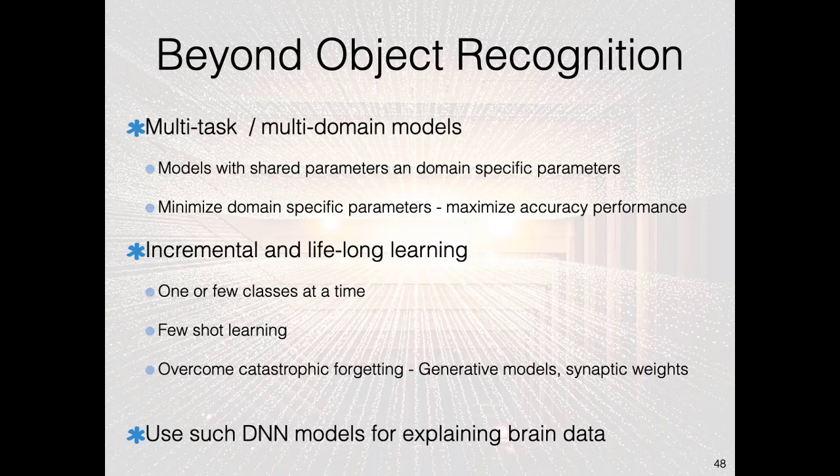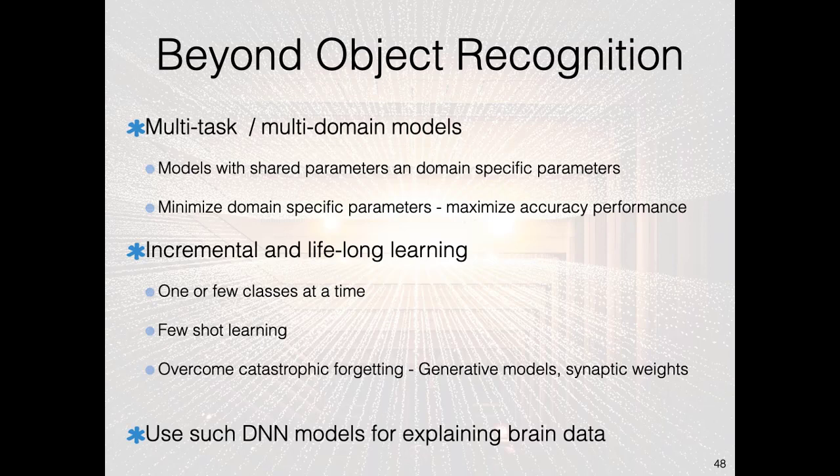And we can also do this in an incremental and lifelong learning manner, in which we can learn one or a few classes at a time, or even different tasks, without forgetting what has been learned before. And then this has the potential in the future, which I haven't talked about, for few-shot learning, because the model already has a lot of knowledge, and it doesn't need so much data to adapt to a new task.